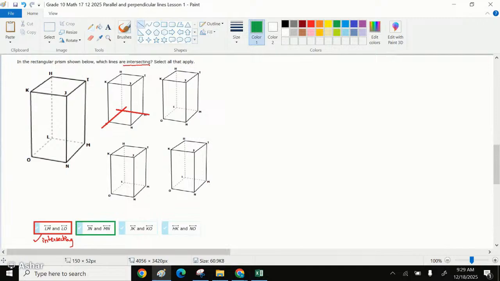So let's try to find where is JN. This line is JN, and MN is this line. So they are also intersecting. They are intersecting lines. Let's look at the next one.